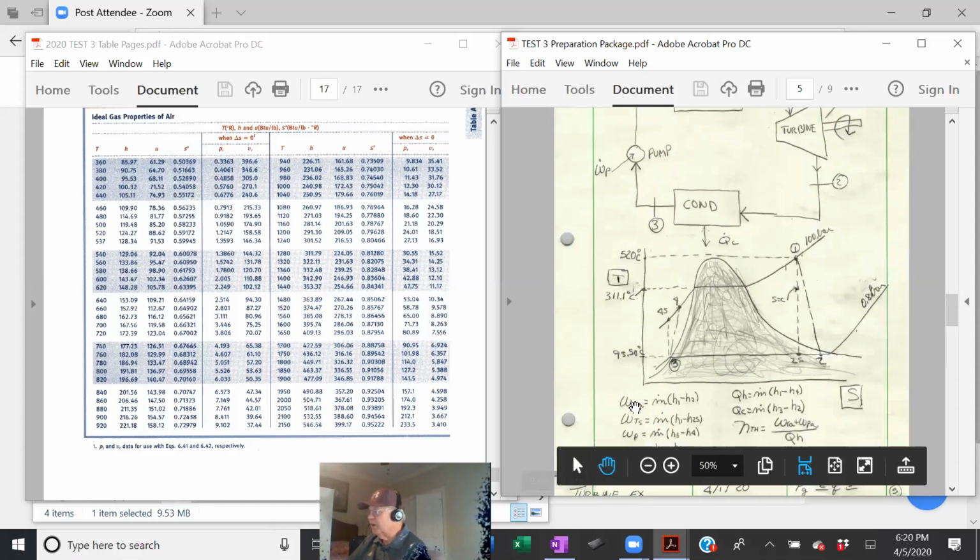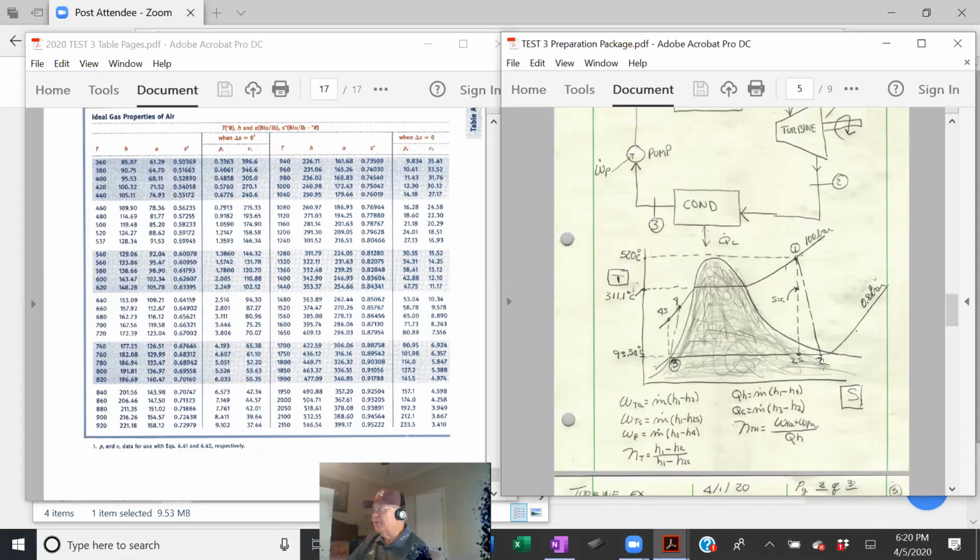The actual turbine work output is m dot times H1 minus H2. If you write out the first law equation, you will have on the left-hand side m dot times H2 minus H1 equals Q minus W. Well, Q is 0 and you have a minus W, and if you get the W on the other side and flip things around, you get the turbine work is m dot times H1 minus H2.